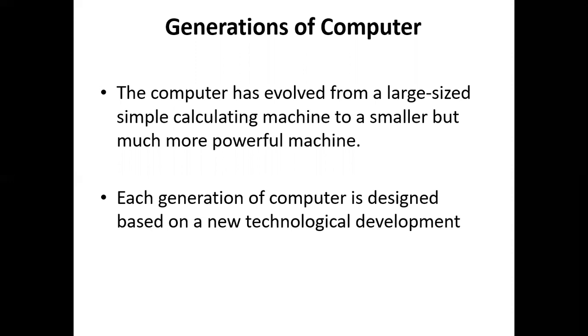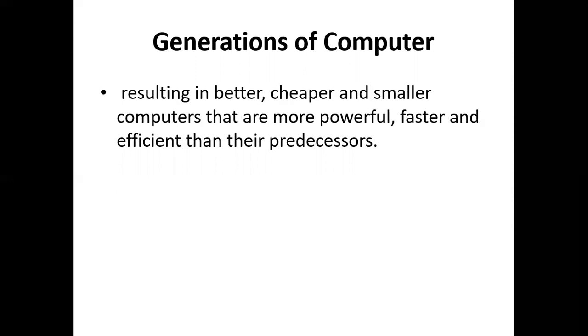Now, when we talk about generations of computers, we have about 5 generations of computers. The way that we classify these generations is based on the key technology that is used.